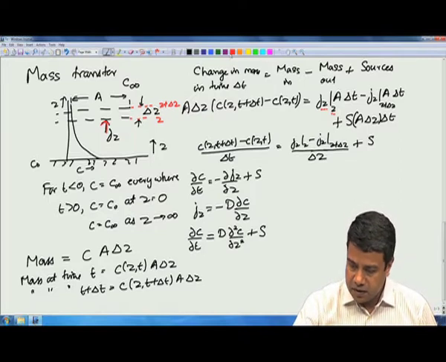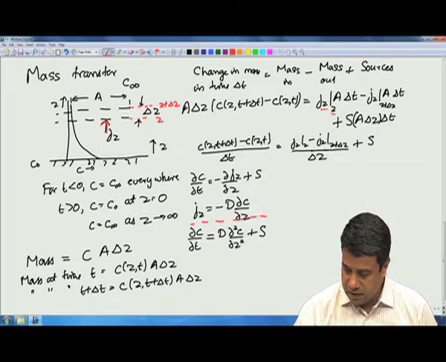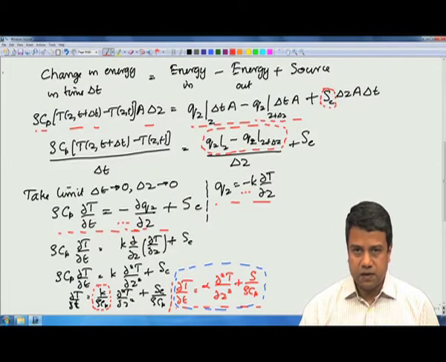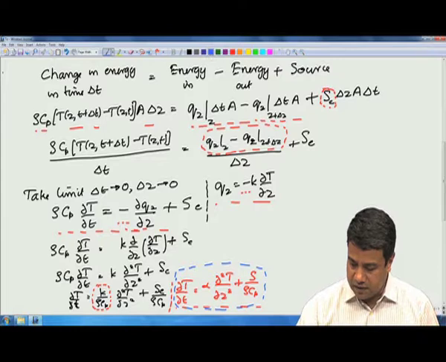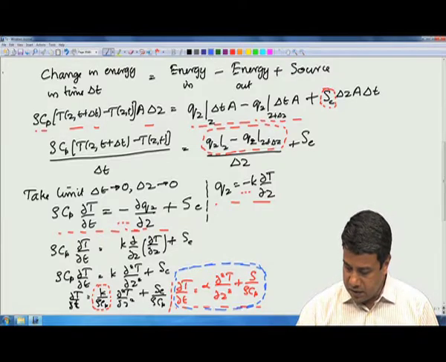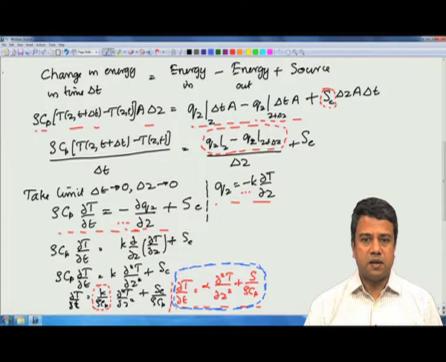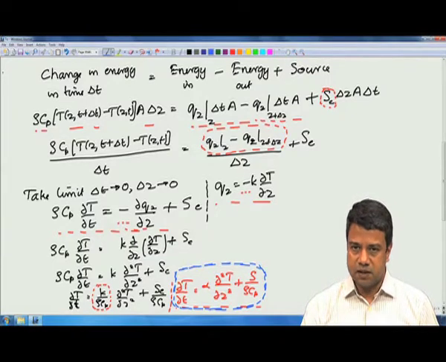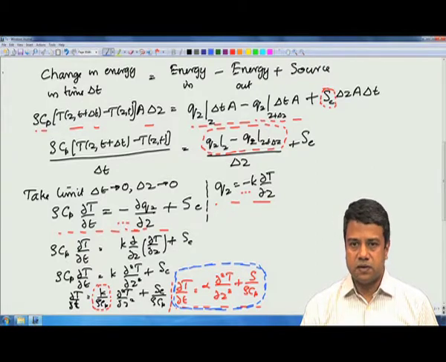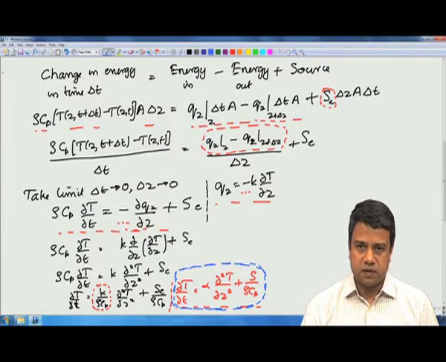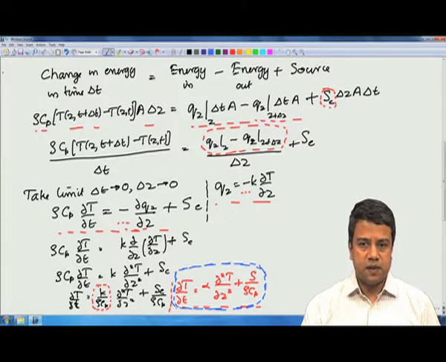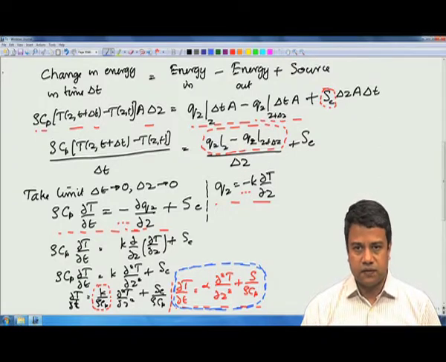This is the mass diffusion equation, and you can see that it is exactly analogous to the thermal diffusion equation that I have here, except that the temperature has been replaced by concentration, the thermal diffusivity has been replaced by mass diffusivity, and the thermal sources have been replaced by the mass source. So, that is the only difference, otherwise they are exactly the same. So, you could go from one to the other just by replacing the temperature with concentration and the diffusivities.